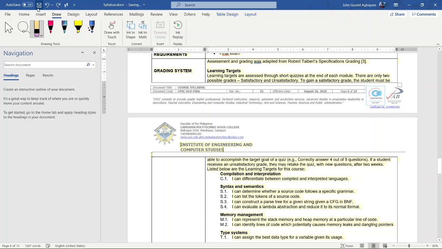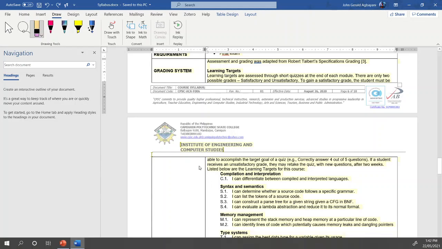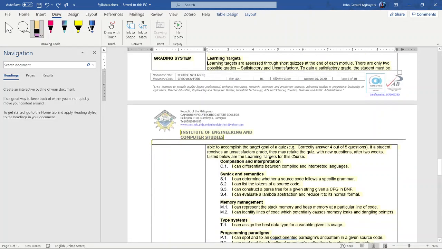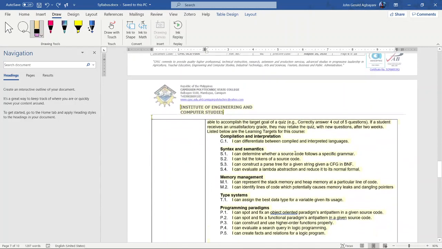So, any questions about the satisfactory and unsatisfactory grading system? Okay. Also, I'm planning to reduce the questions. So, I might remove this.